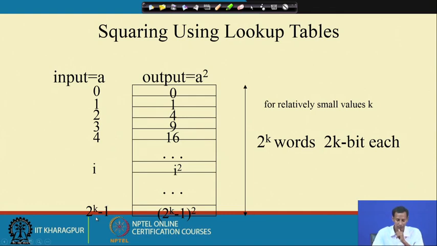So that means if this is 2 to the power k minus 1, twice k bits I require to store these 2 to the power k minus 1 square values.